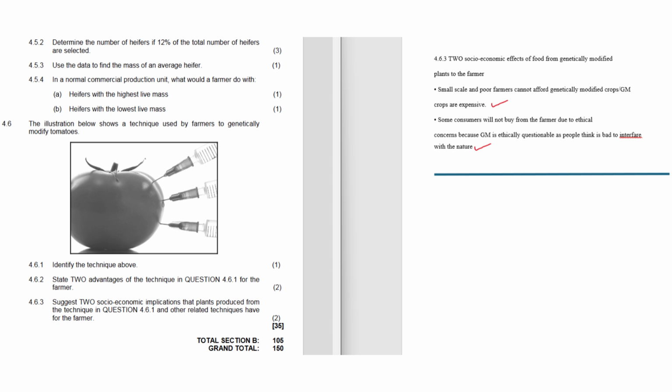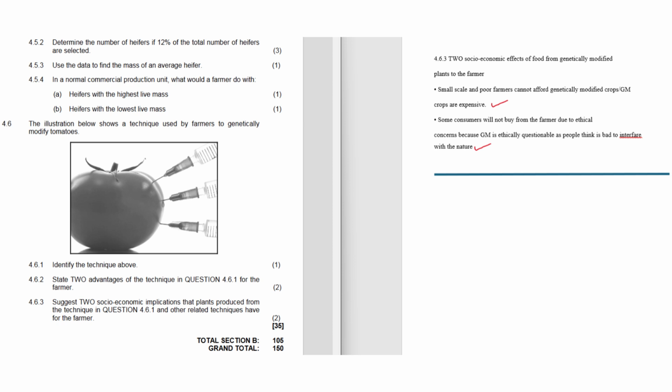They want only the social and economic effects. Social affects people socially, and economic affects the farmer economically, so the money flow, or the cost of running the business and farm. So socio-economic effects are both social and economic effects combined.